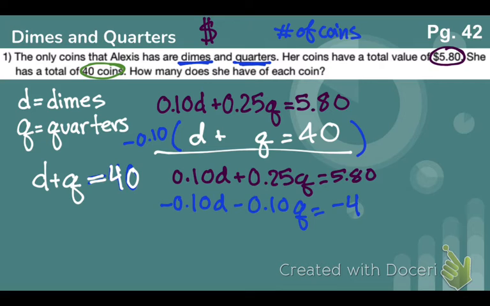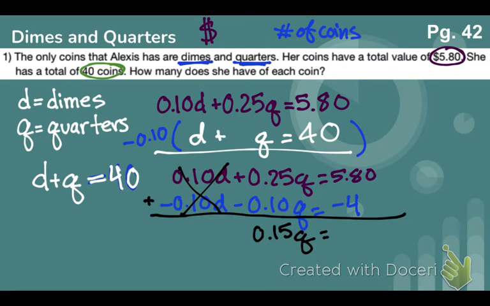I'm going to add everything together and my D variable will cancel out. Then when I add 0.25Q and subtract 0.10Q, I get 0.15Q equals 180.